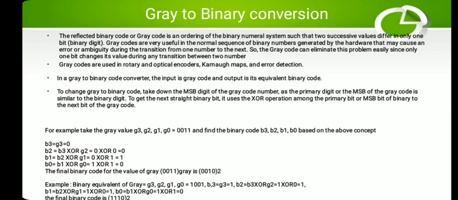Then it is used in error detection circuits because XORing is involved in it. Error detection means when data is being transmitted, if there is a loss or corruption of any information, we have to detect the error, the corruption or whatever interference has taken place.